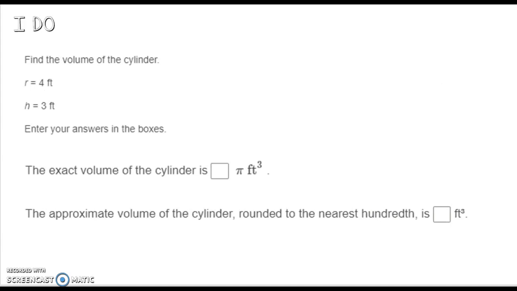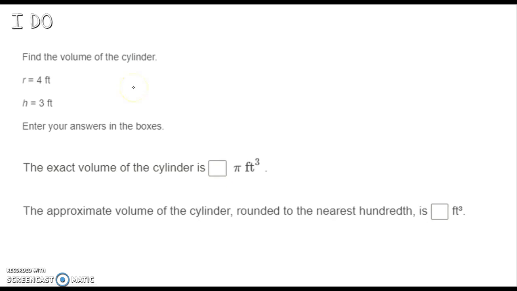All right, let's go ahead and take a look at this practice problem here. It says find the volume for a cylinder with a radius, r stands for radius, of 4 feet and a height of 3 feet. What we need to look at is that formula.